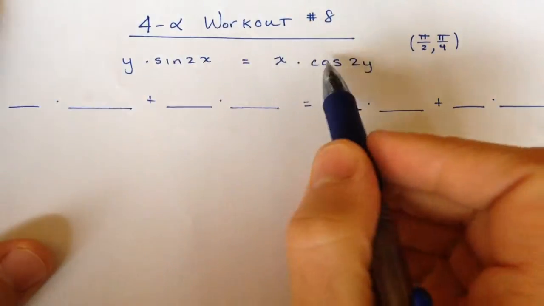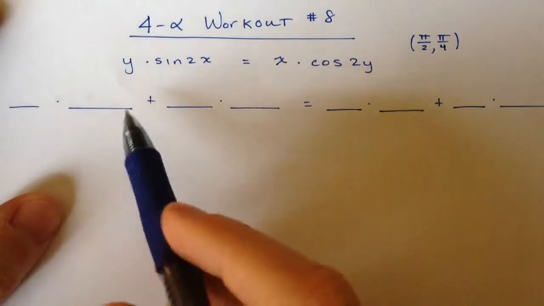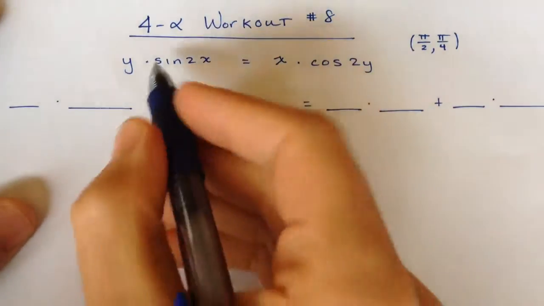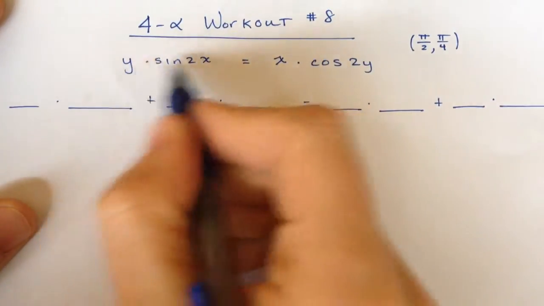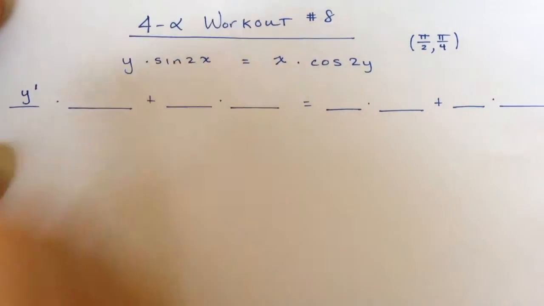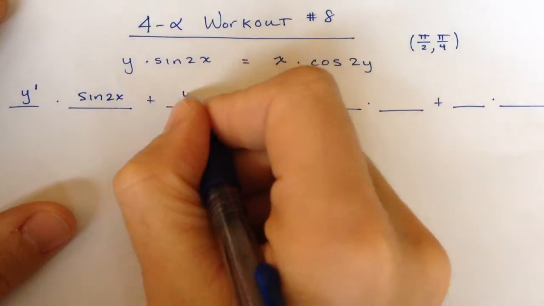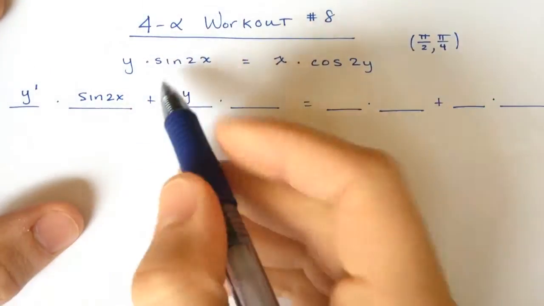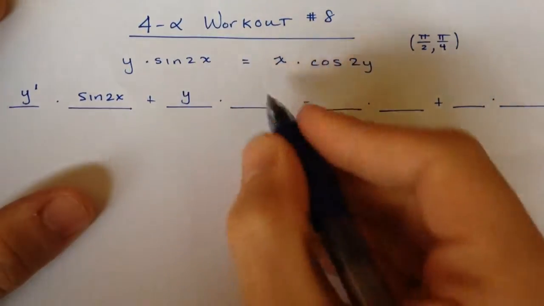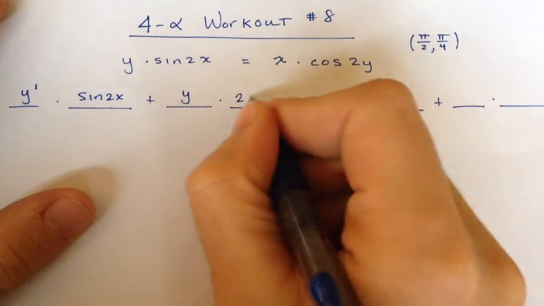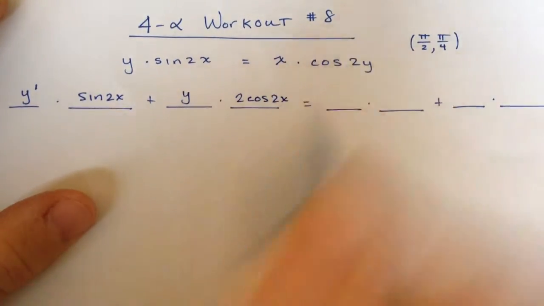And in both cases, both sides of the equation, we need to use the product rule in this case. So on the left side, product rule says we're going to get y prime times the second function plus y times the derivative of the second function with respect to x, which would be 2 cosines of 2x.